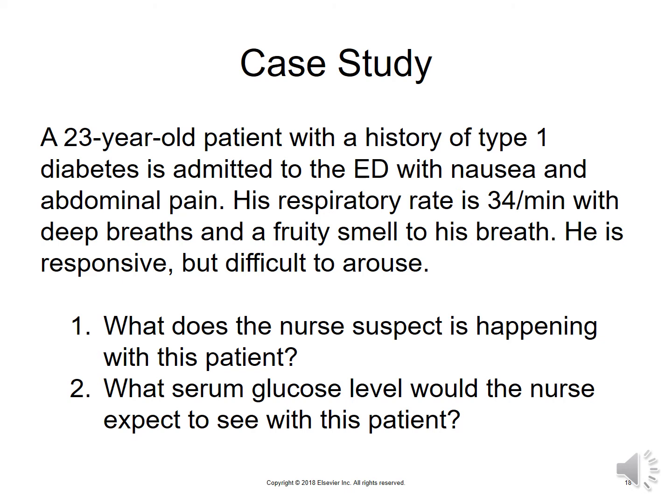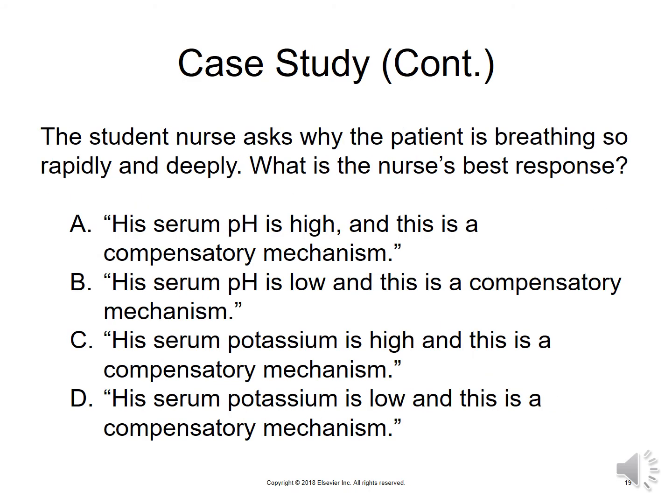What do you think? Diabetic ketoacidosis, right? What are our clues? Kussmaul respirations, fruity smell to the breath, difficult to arouse. What serum glucose level would the nurse expect to see with this patient? Anywhere from 250 to 500, okay?